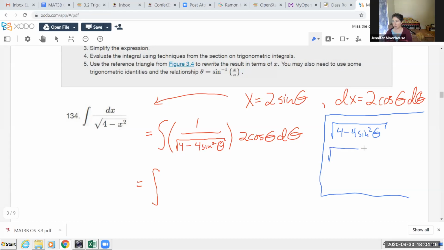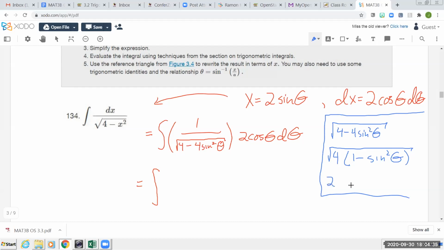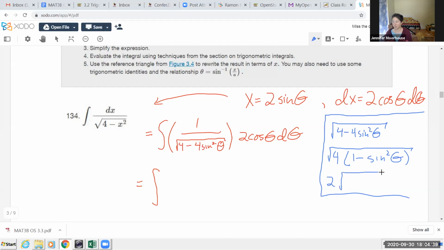So this is the square root of 4 times 1 minus sine squared theta. And the 4 is under a square root, right? So you could pull that out. And what can you do with that 1 minus sine squared theta?